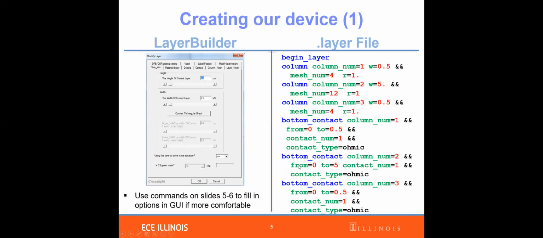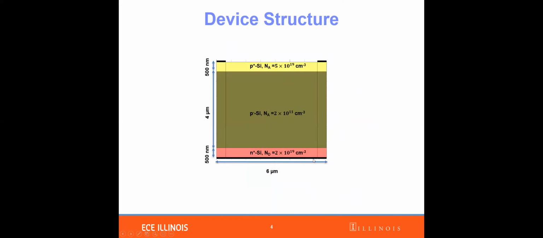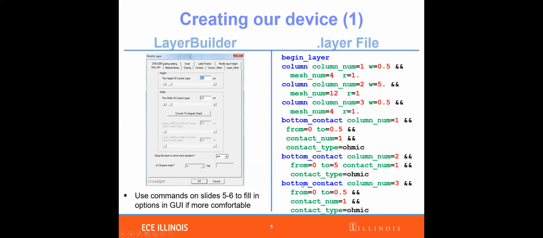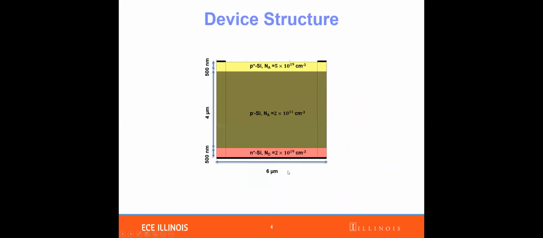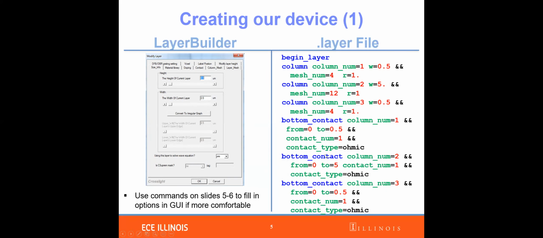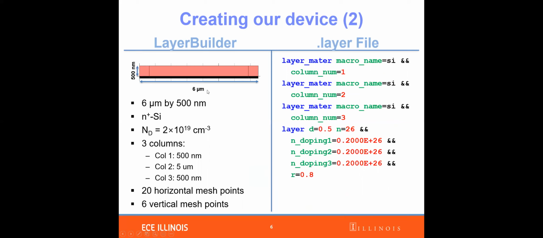And then in this line of code, we define the bottom contact from here to here. Similar for the third syntax here: the bottom contact defines the contact region from here to here.